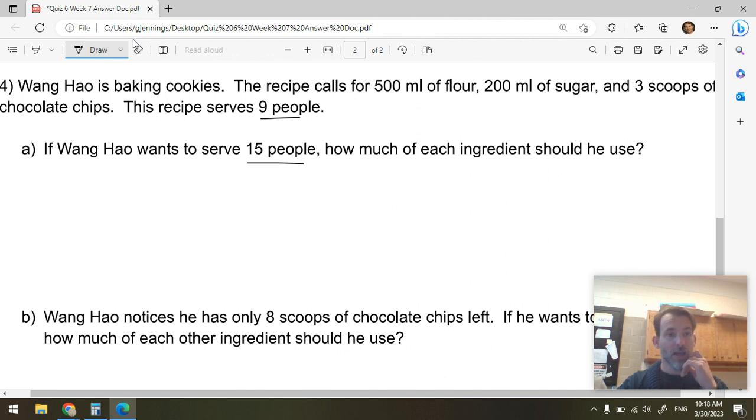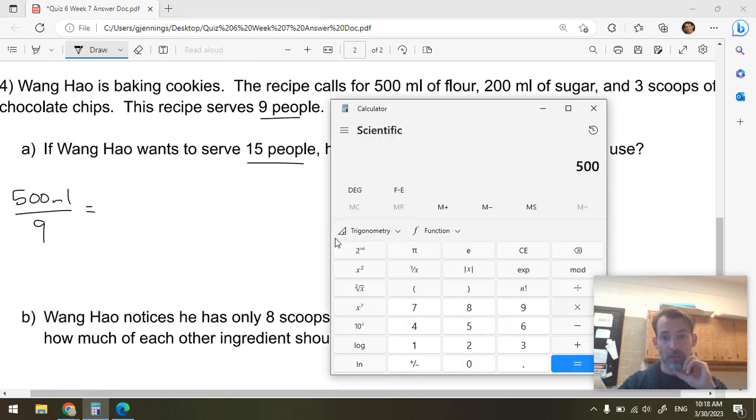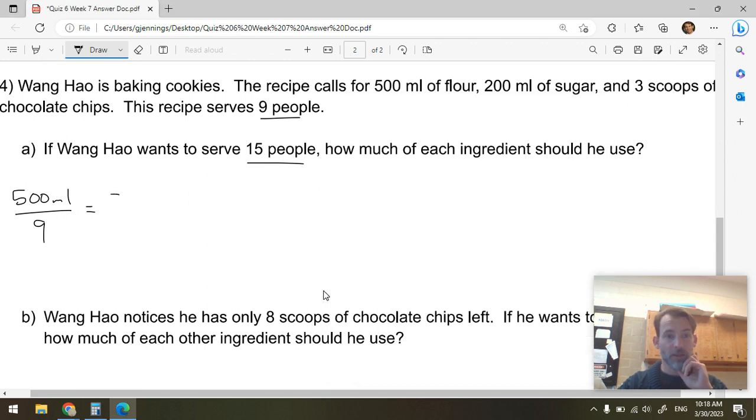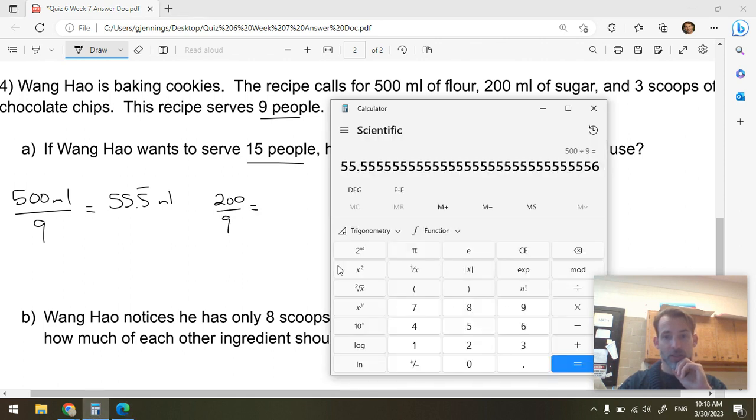Okay, so here's one strategy. I could do 500 milliliters of flour divided by the 9 people that normally serves and find out how much flour per person. 55.5 repeating milliliters. Okay, and I'll do the same thing with sugar. 200 divided by 9 equals 22.2 repeating.